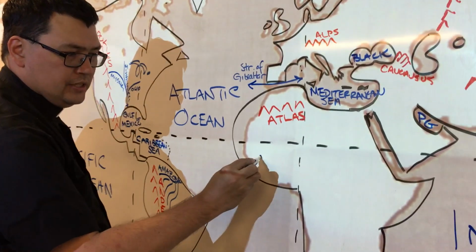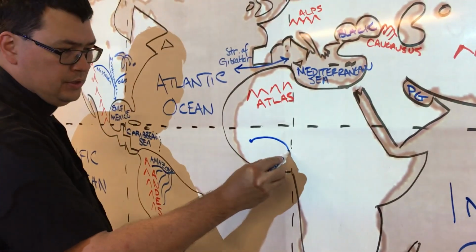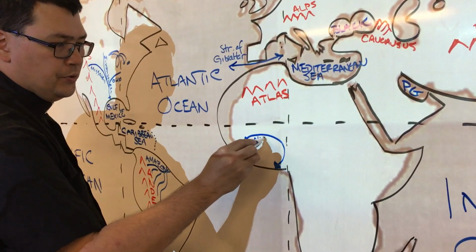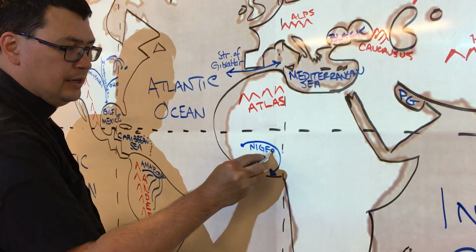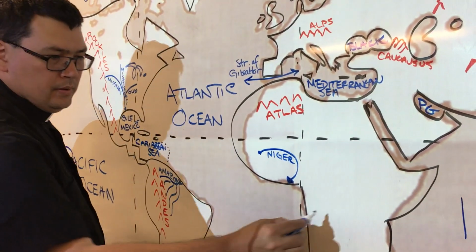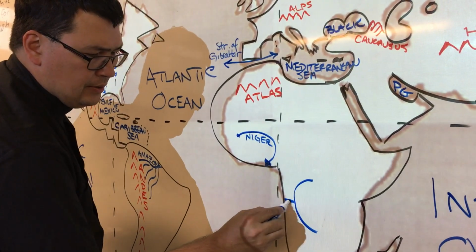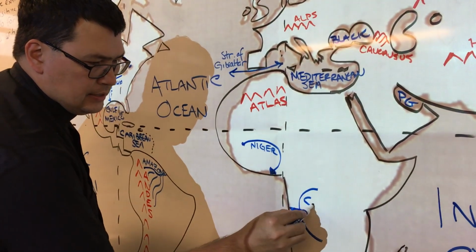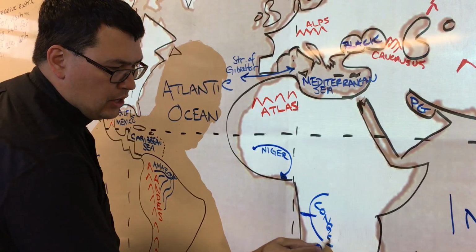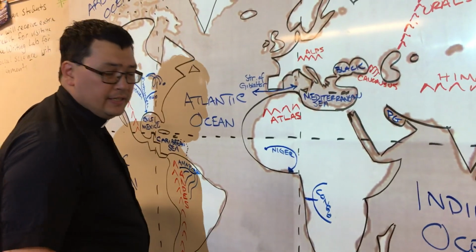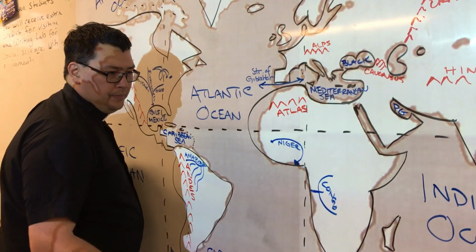The first starts here and links around and dumps into the Atlantic, and this is the Niger River, N-I-G-E-R. Here in Central Africa, sort of shaped like the letter C, this is the Congo, C-O-N-G-O, and this is where Heart of Darkness is set, in the Congo River.